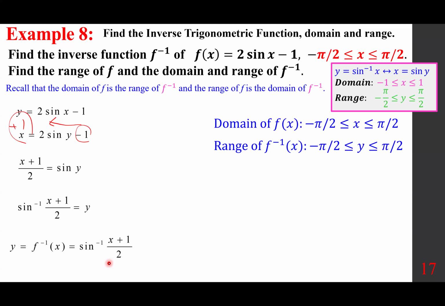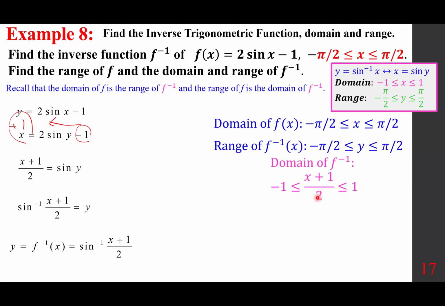Now, to find the range for this function, which becomes the domain for the inverse function, let's work on it. I'll show you a couple of different ways. I can find the domain of this function because I know the domain for the sine inverse is between negative 1 and 1. Imagine this is theta. Theta must be between negative 1 and 1, whatever this expression is. So x plus 1 over 2 must be between negative 1 and 1. So solve for x.